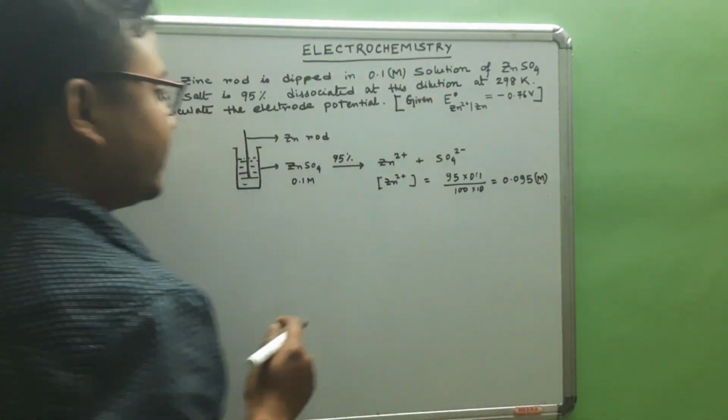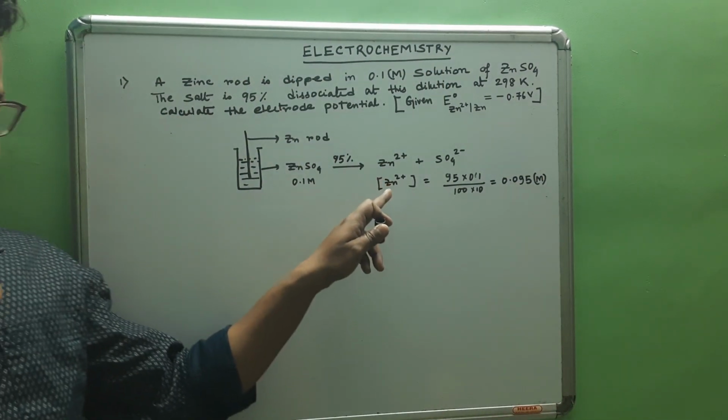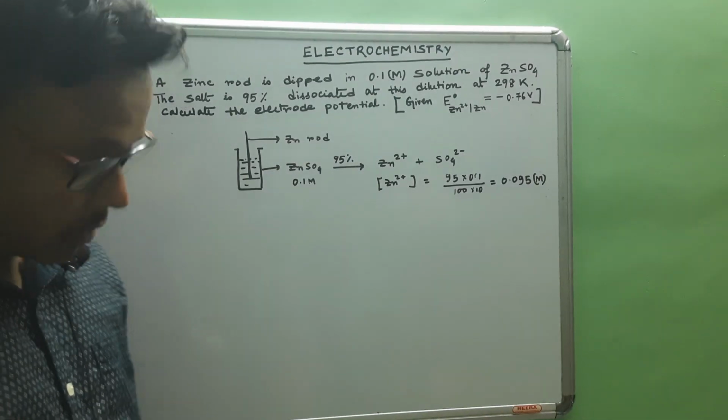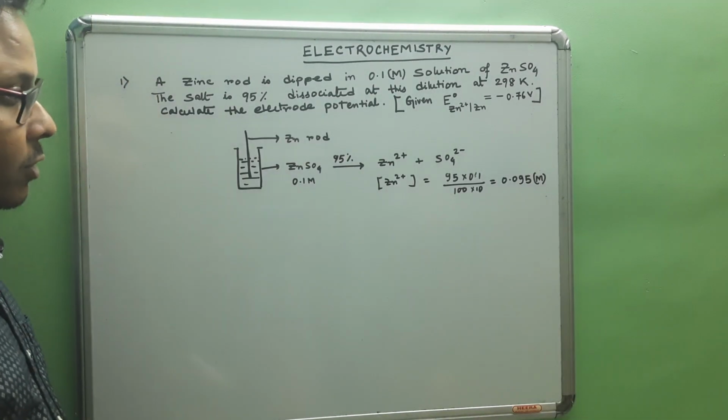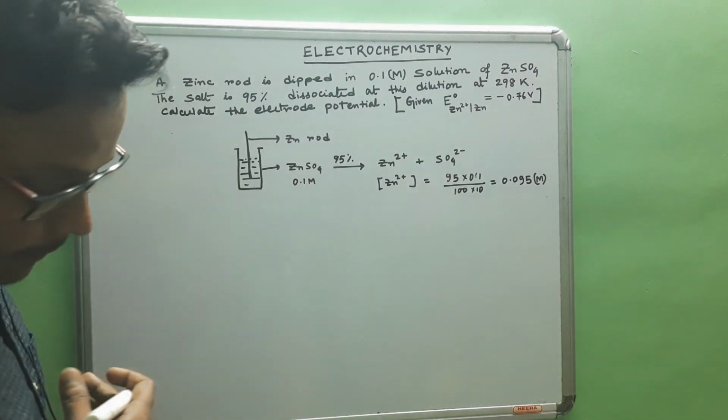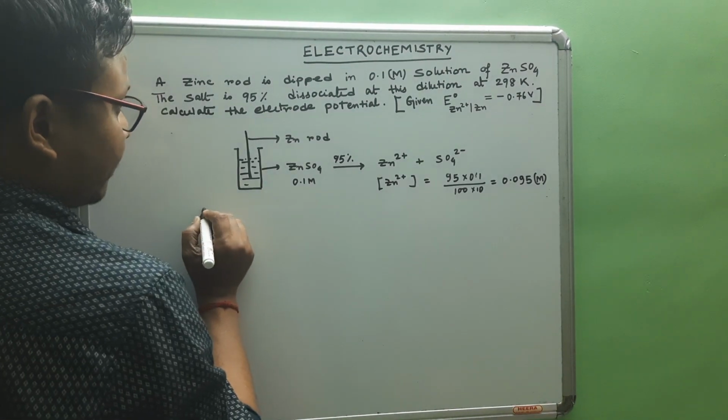That means this is the concentration of the Zn2+ ion, which is 0.095 molar.